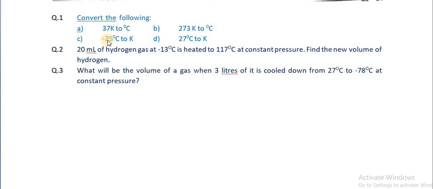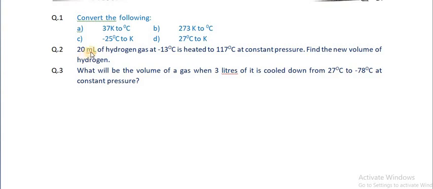Then minus 25 degrees Celsius to Kelvin, and 27 degrees Celsius to Kelvin. One thing that you have to keep in mind is that when you convert Celsius to Kelvin, we need to add 273, and when you convert Kelvin to Celsius, you need to subtract 273.